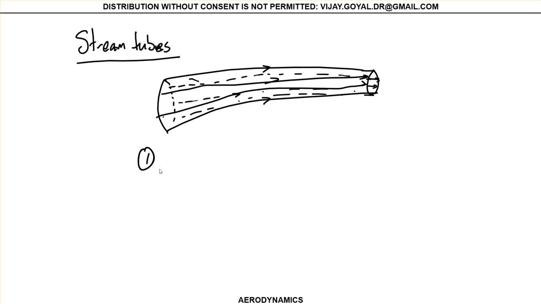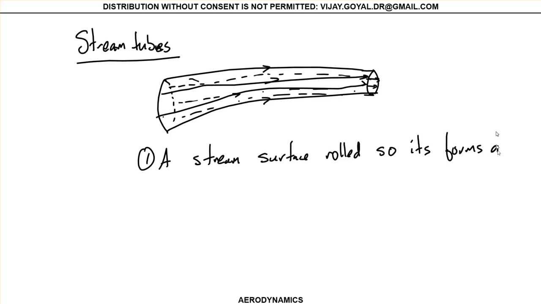So in this particular case, a stream surface rolled to form a tube. Okay, that's what it is. It's a surface that we can roll so it just looks like a tube. It's a stream surface rolled so it forms a tube.